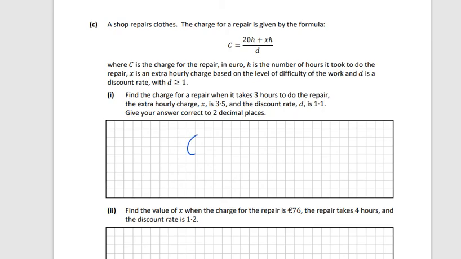Right, well, we just have to sub in here. So C is equal to 20 times 3 plus 3.5 times 3, over 1.1. That will give us 64.09.